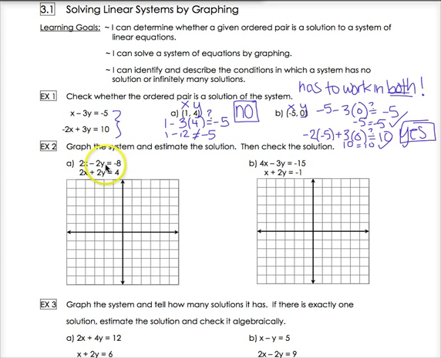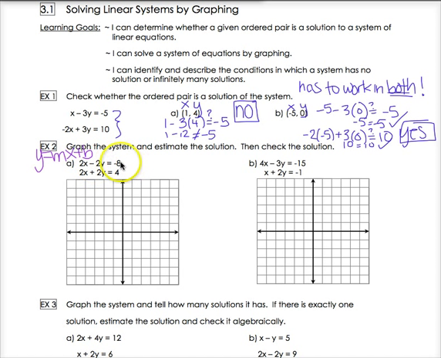And the equations that I've got here are not in slope-intercept form. So that means I need to get them to look like y equals mx plus b. So all that means is I have to get y alone. That's why in the first section we practiced solving for variables when there was more than one, because you have to do this every time you want to graph a line.